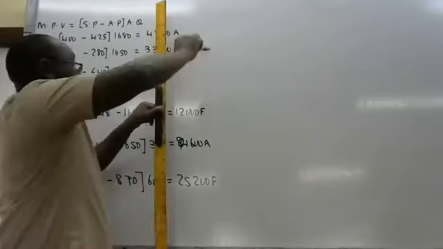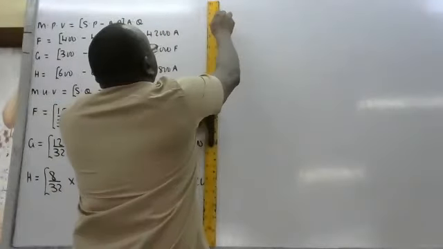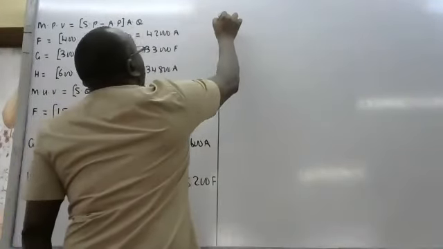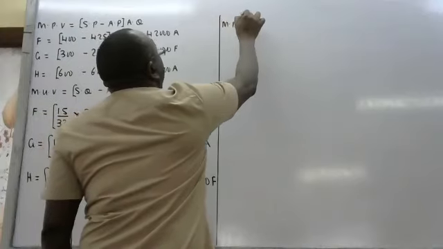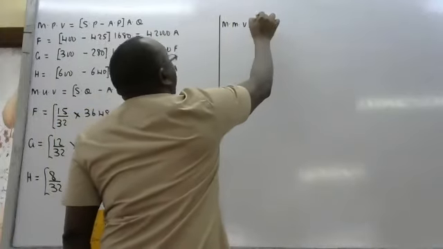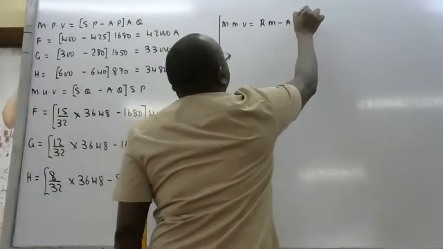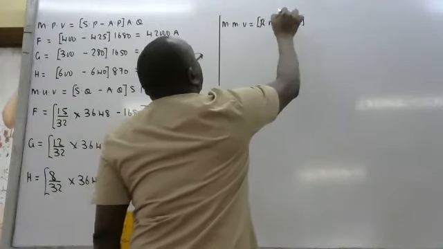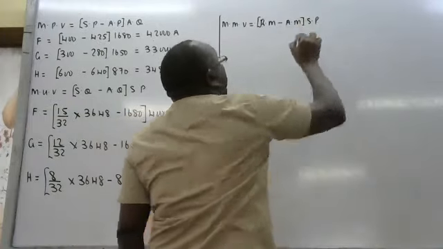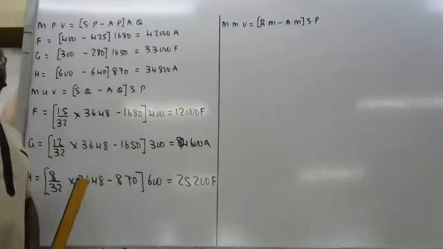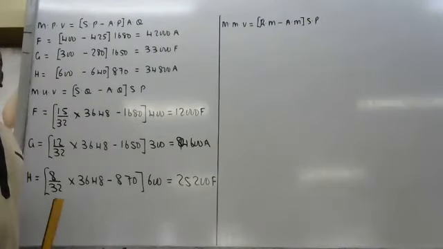The next is materials mix. Materials mix variance is revised mix minus actual mix. You multiply by the starting price.